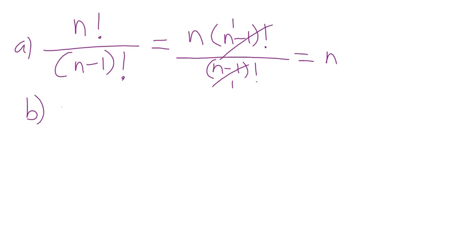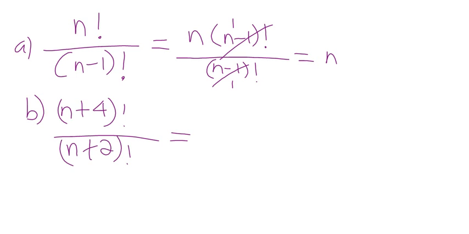All right, what if we have n plus 4 factorial over n plus 2 factorial? What's that equal to? Or how do I do this? What do I start writing? So here's what we do. We start with the bigger one. Which one's bigger, n plus 4 or n plus 2? N plus 4. Okay, so I write n plus 4.